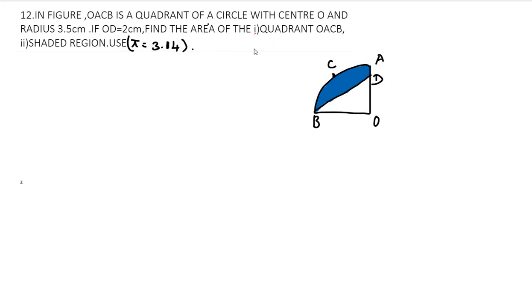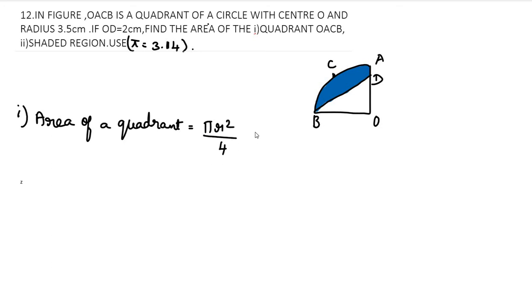Let us find the area of the quadrant OACB now. What is the formula for area of a quadrant? Yes, area of a quadrant is equal to pi r square by 4.